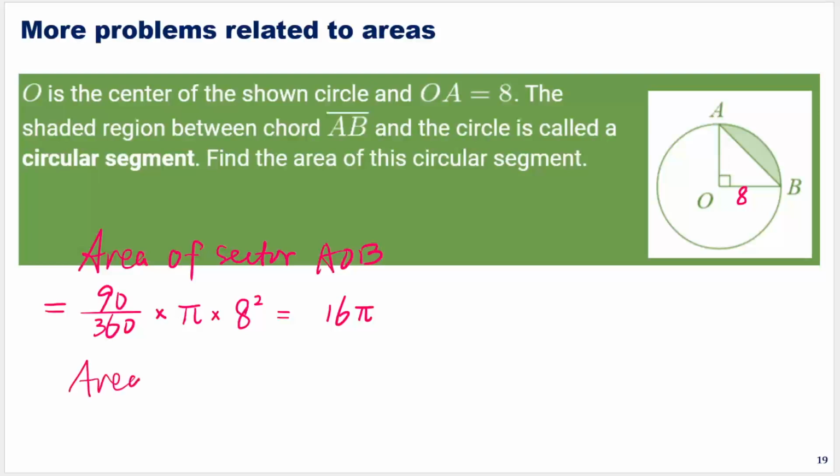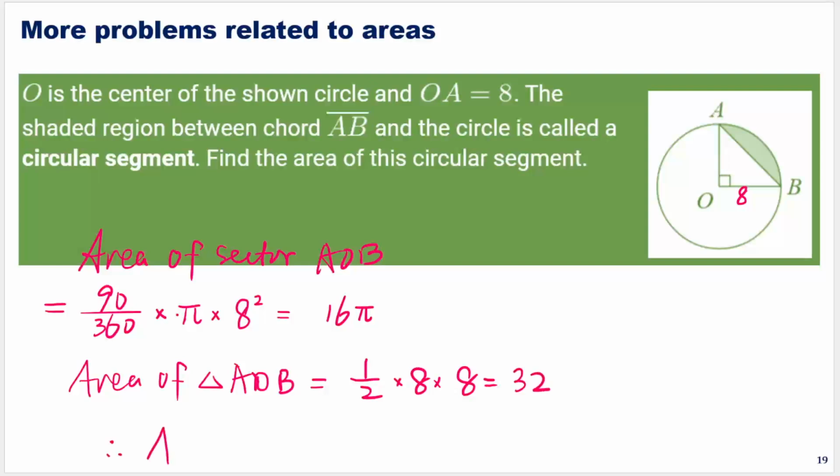And we have the area of triangle AOB equals 1/2 of bottom times the altitude, which is 32.